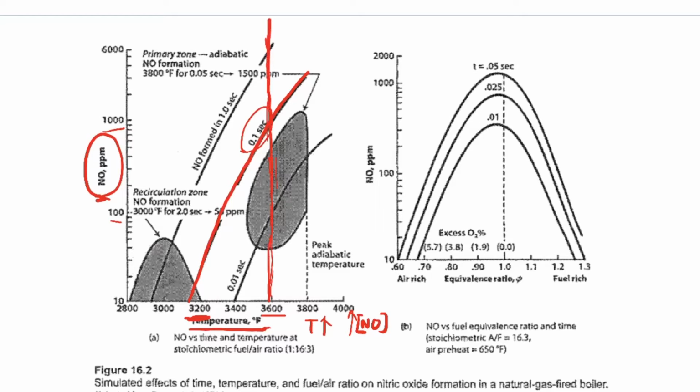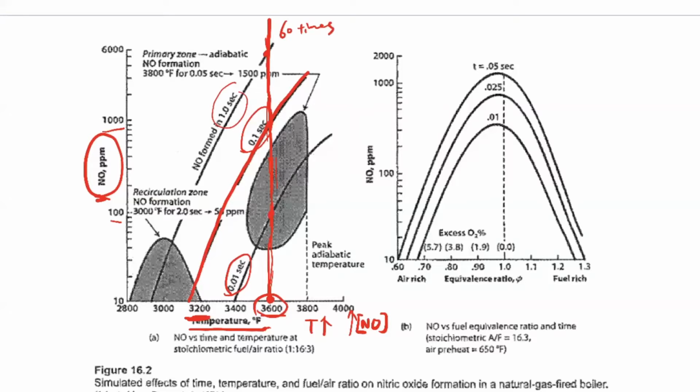Okay, so this vertical line means let's just fix the temperature at a certain number here. Let's say 3600 Fahrenheit. Then you can see that the residence time of the flue gas, or residence time of the gas mixture, will also significantly affect the formation of NOx, right? From 0.01 second to 1 second, the concentration also increased, let's say, around 60 times.